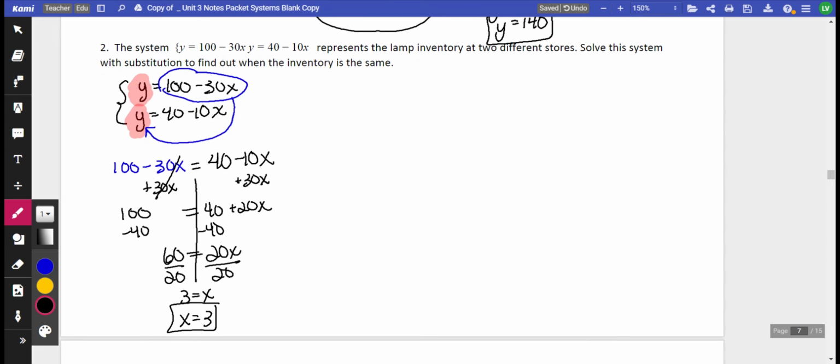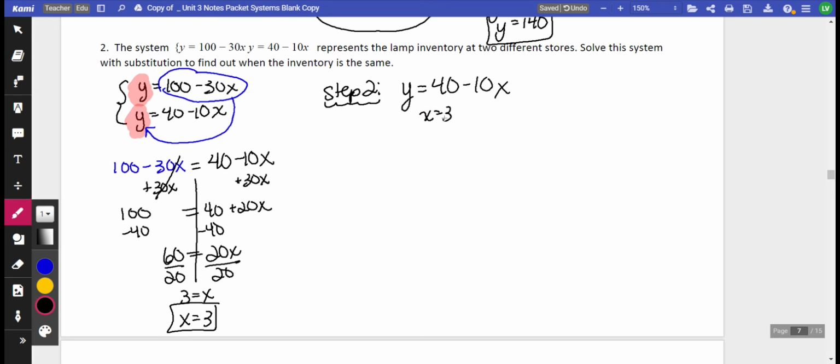All right, I have my x value. Now I need to move on to step number 2. We have to solve for the other value. So in this case, we need to solve for our y. Again, doesn't matter which equation you choose. I'm going to choose the second one because it has smaller numbers. I like to make my calculations easier. So y equals 40 minus 10x.